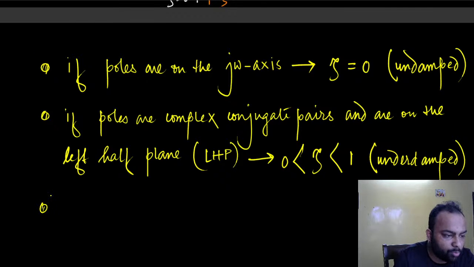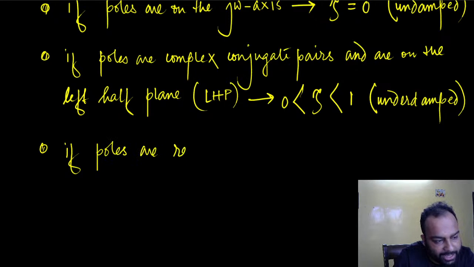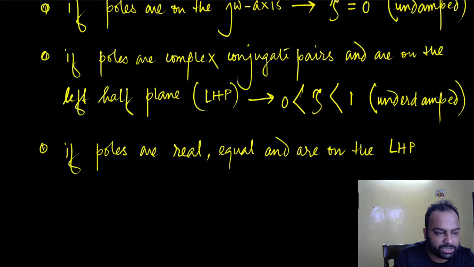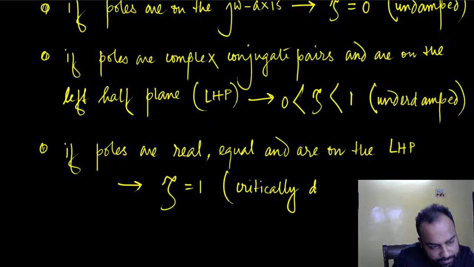Similarly, moments ago we figured out that if poles are real and equal and are on the left half plane, then of course zeta is equal to 1. So this is called critical damping. So it's critically damped.